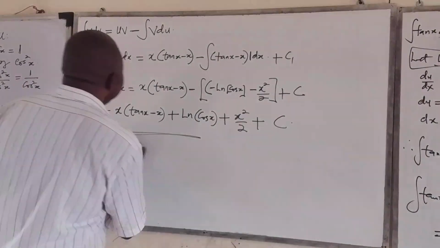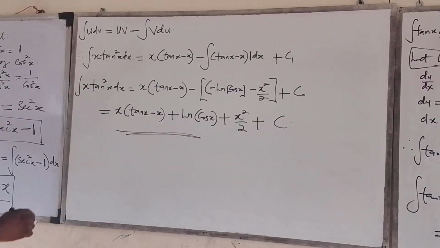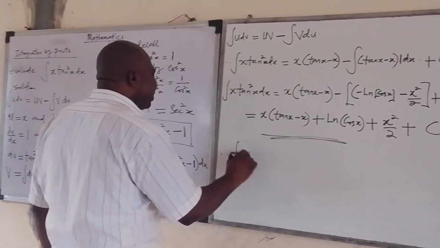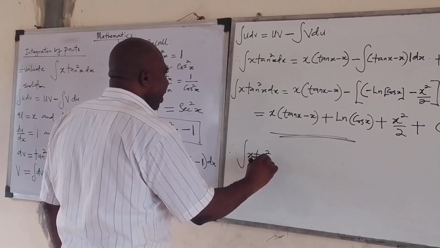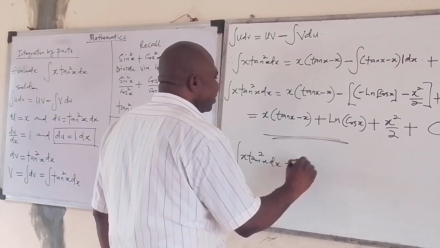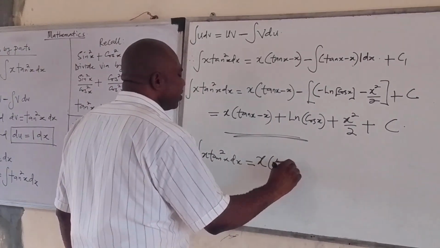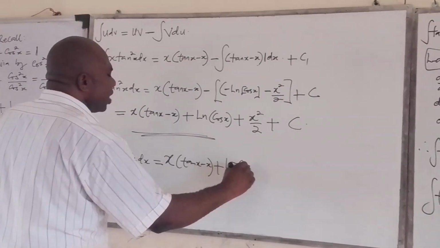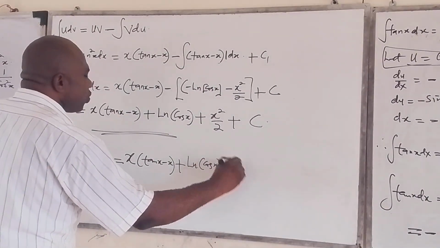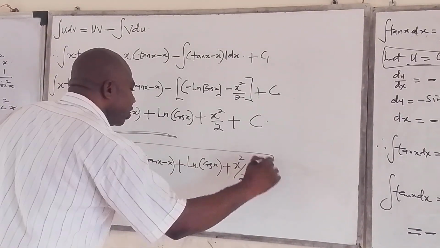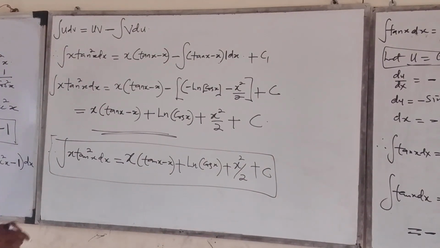Therefore, the integral of x tan squared x dx is equal to x tan x minus x squared plus ln cos x plus x squared over 2 plus c. So this is the solution to this problem. Thank you for listening.